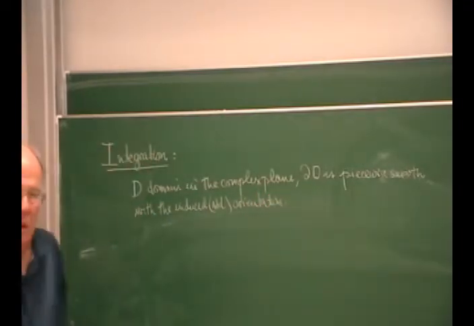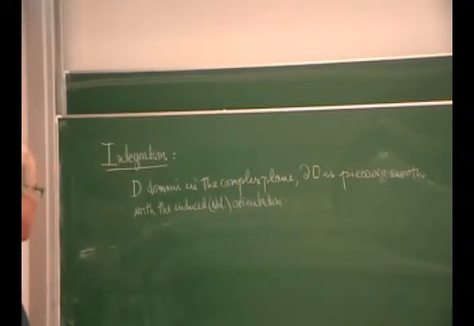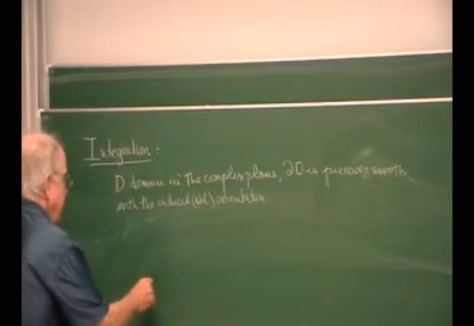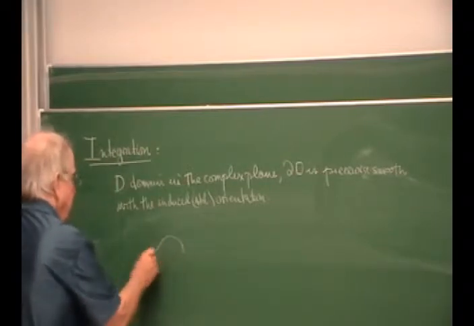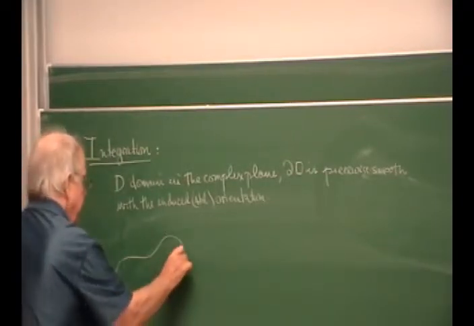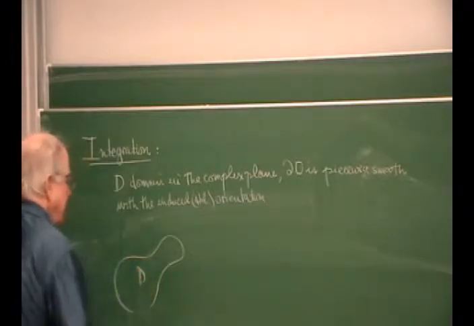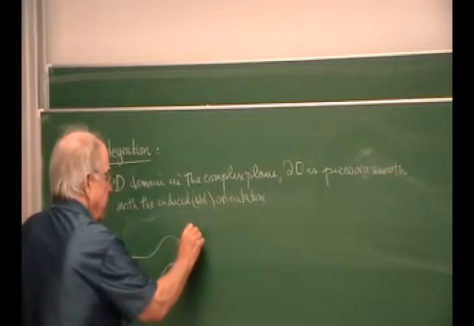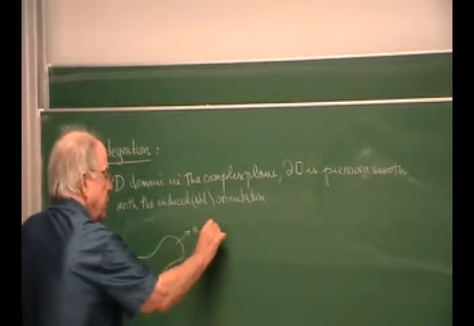Now, in this case, it's not so difficult to understand what that means. So, for example, we have a smooth boundary, D. Then we draw a picture of the normal vector pointing outwards.